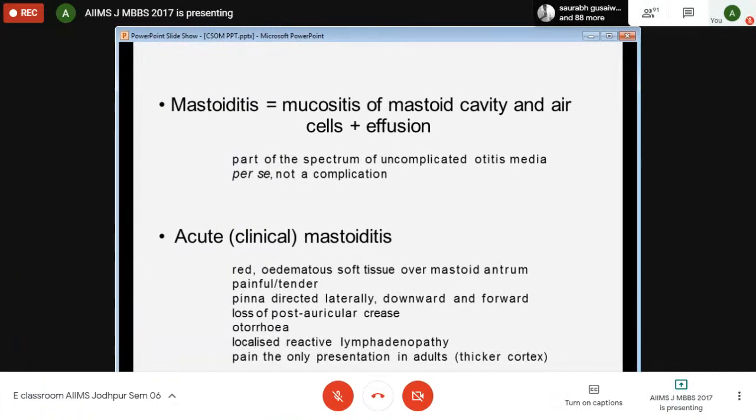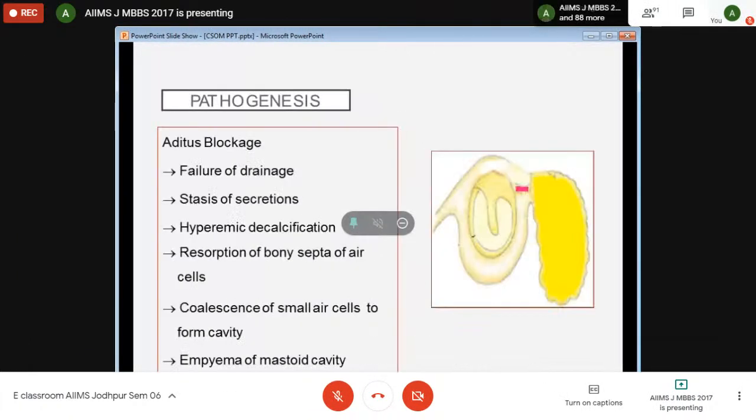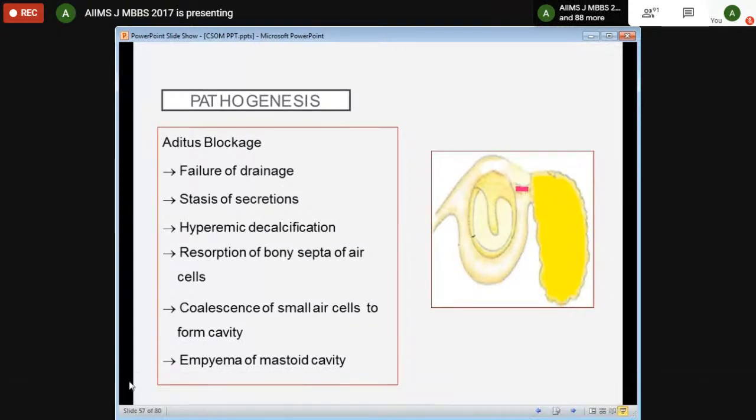What happens basically? We can see in this picture that in the mastoid region, a lot of air cells are present. Infection first of all spreads to the mastoid region. The various air cells have bony partitions covered with mucosa. First of all, the mucosa will get involved.